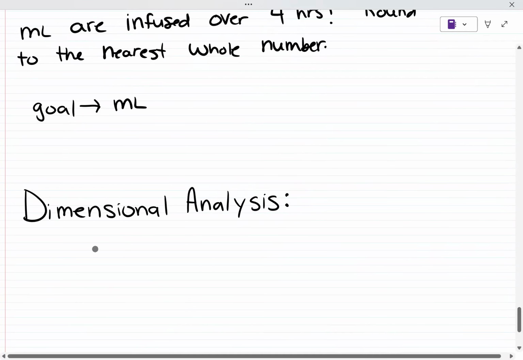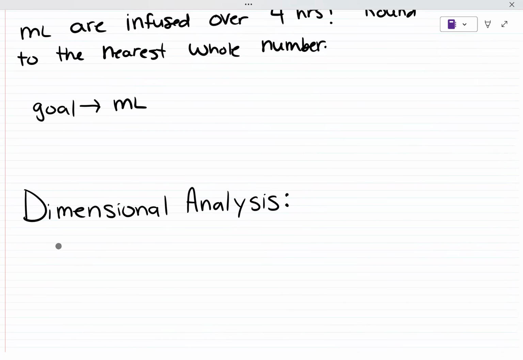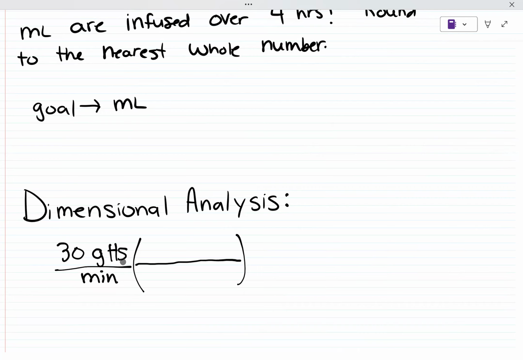So with dimensional analysis, you start with what you have. So we start with 30 drops per minute, times, and our goal is to get into milliliters. So I have to get rid of the drops and I have to get rid of the minutes, right?